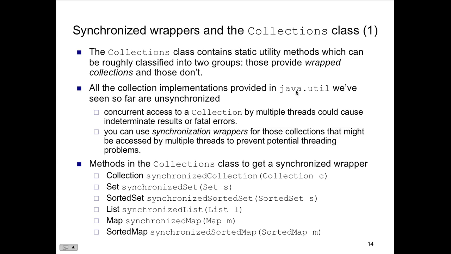All the collections provided in java.util that we've seen so far are unsynchronized. We have to think about threads now: concurrent access to a collection by multiple threads could cause intermediate results or fatal errors. Go back to everything you've ever heard about thread and concurrent programming and the issues associated with synchronization.